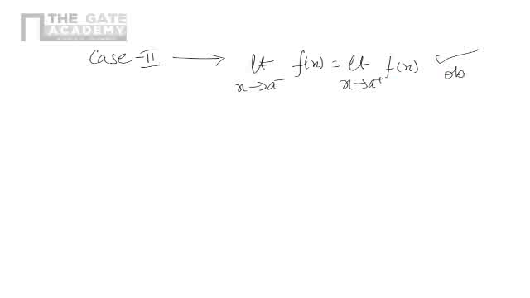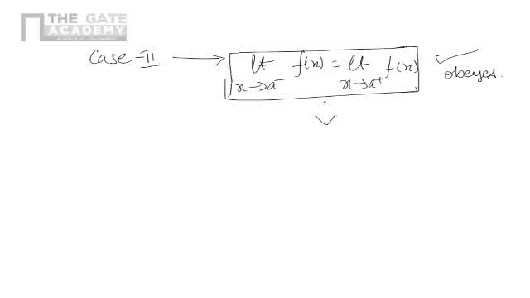Case 2 says that it is not sufficient that limit x tends to a minus f of x is equal to limit x tends to a plus f of x. This property is obeyed in case 2. But what happened? This value was not equal to f of a.